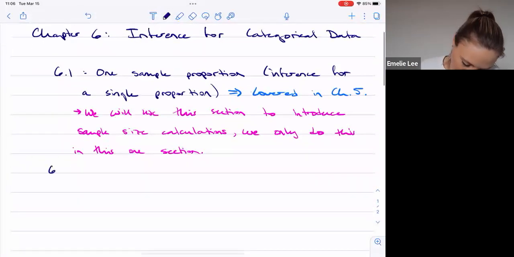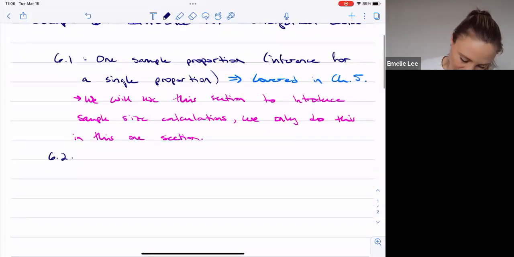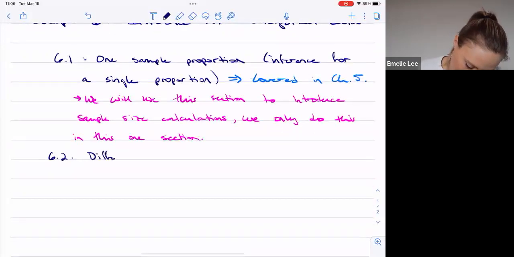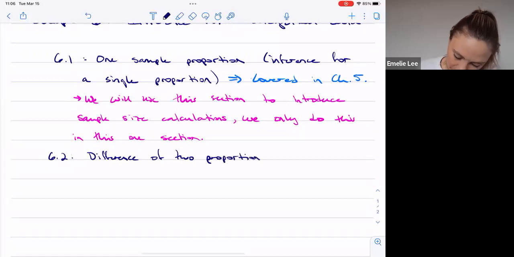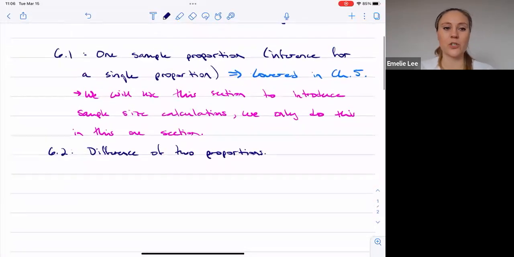6.2 is the difference of two proportions, which I'll call two sample proportions, but that's basically what it's called anyways.